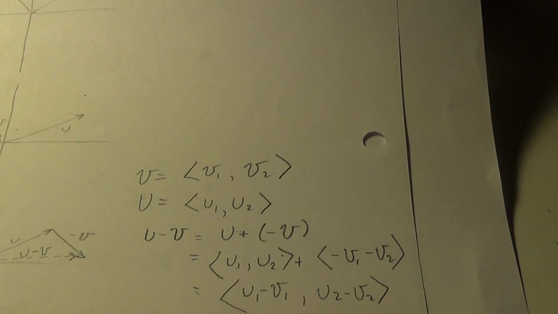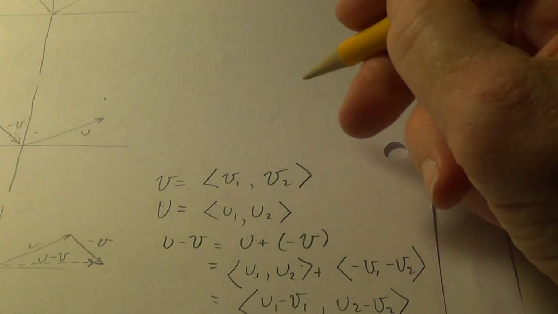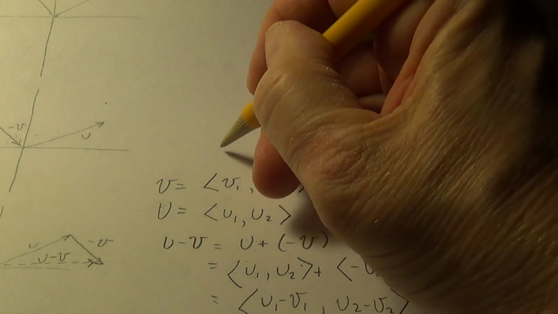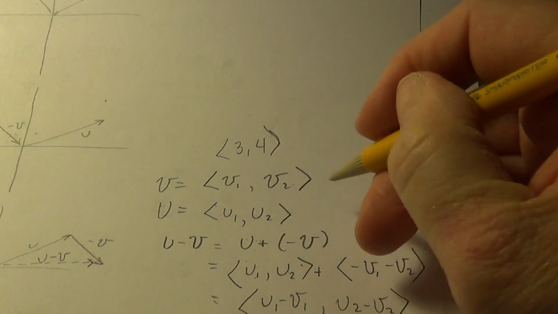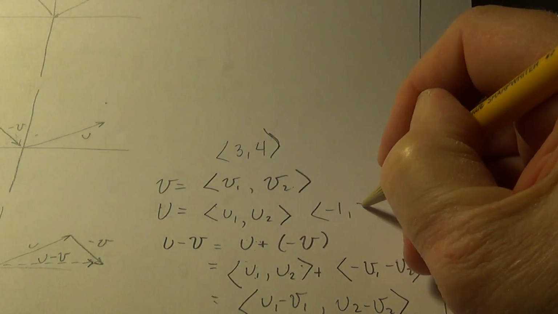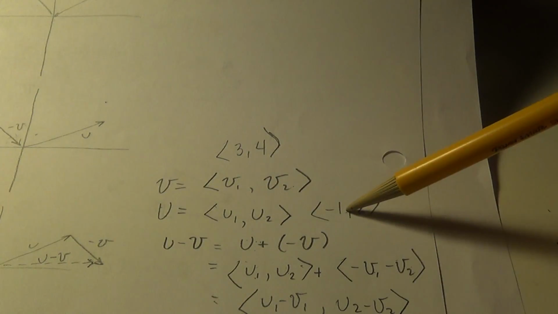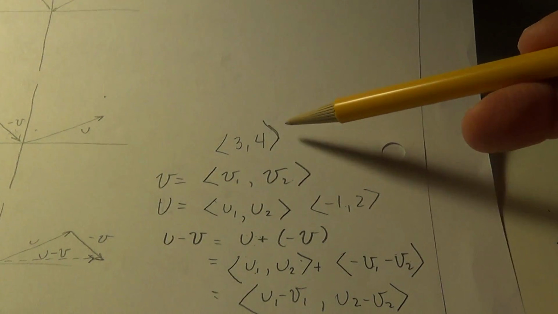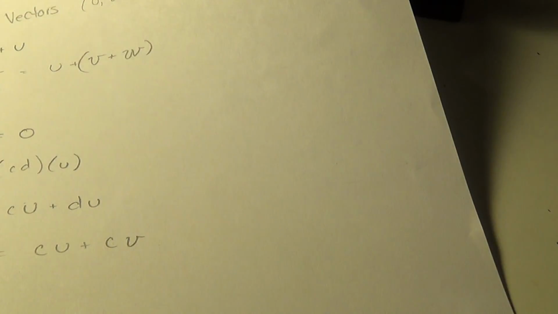All right. Again, this is all theory, so when you get a chance, say vector v's components are 3, 4, and let's say vector u's components are minus 1, 2, would you be able to find vector u minus vector v just by watching the theory? Hopefully you'll be able to trace that and use that tomorrow.